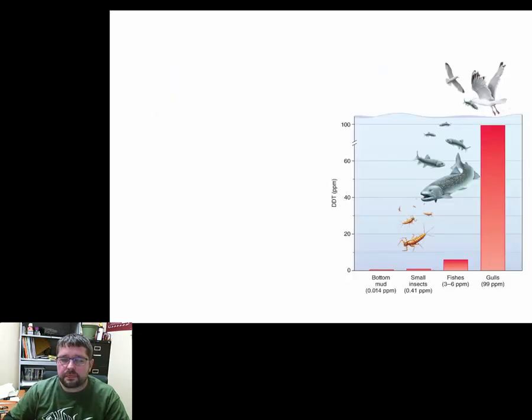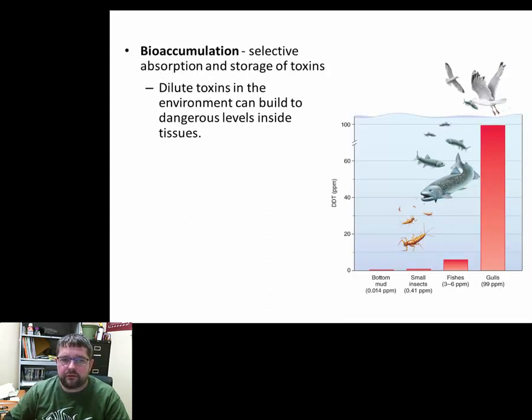Okay, so first of all, we're going to talk a little bit about bioaccumulation. Bioaccumulation often happens when non-polar toxins are stored in fat. It can also happen with polar substances, but often it's non-polar substances that get stored in the fat tissue of different organisms.